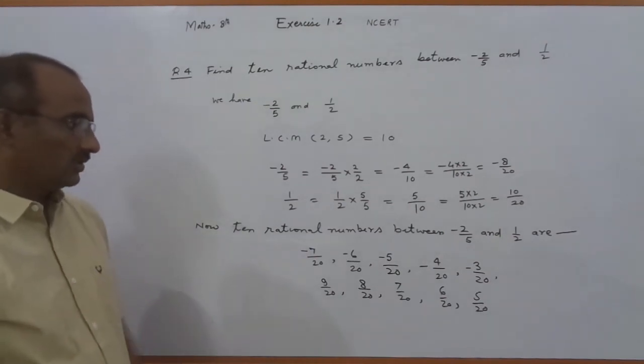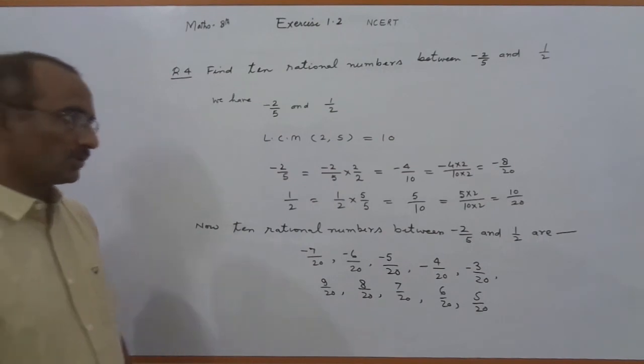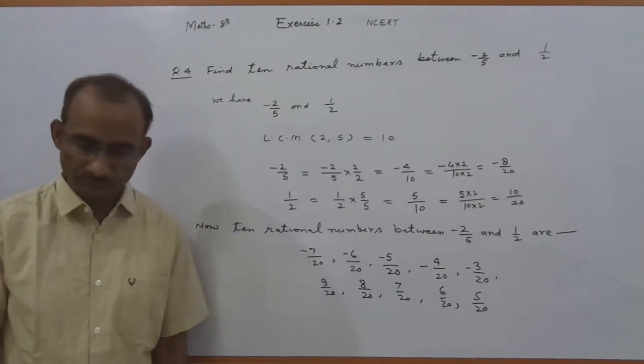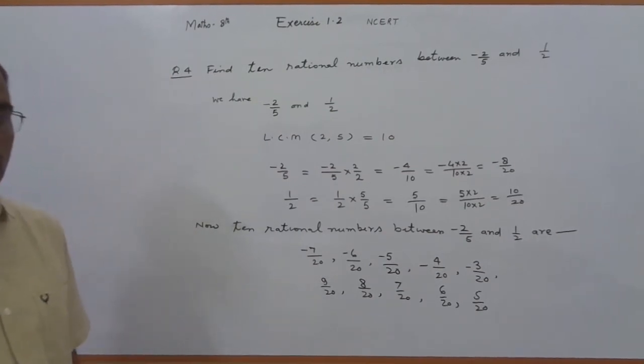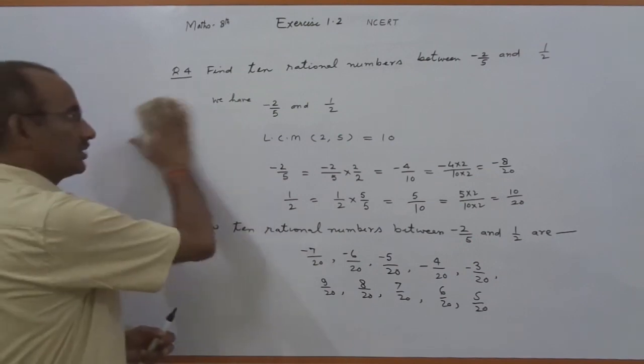All of these rational numbers are between minus 2 upon 5 and 1 upon 2. Now come to the next question.